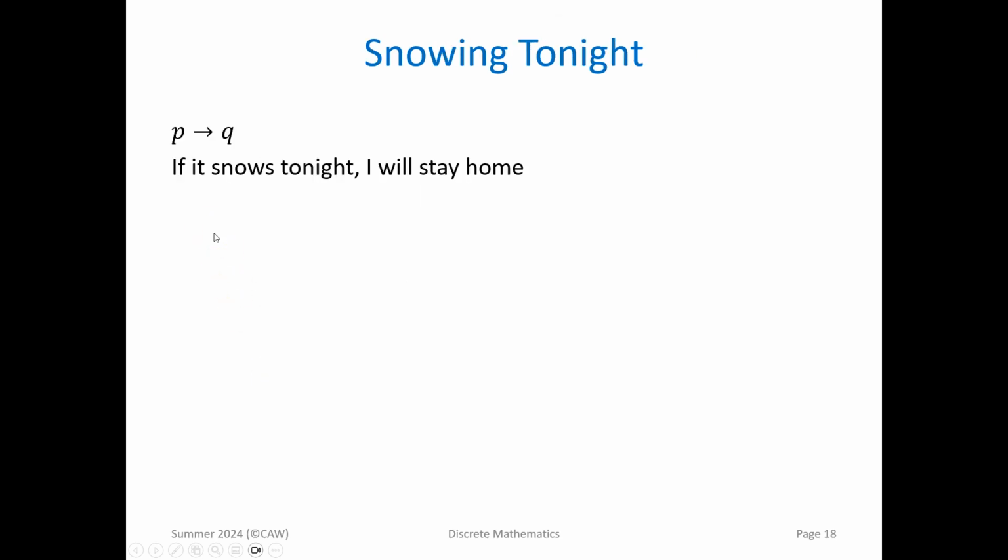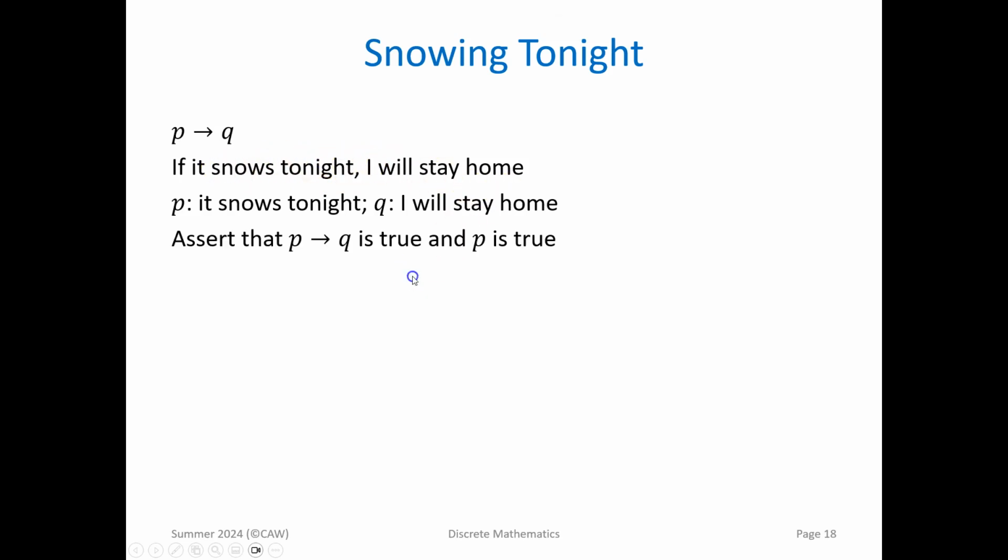Here I have P then Q. If it snows tonight, I will stay home. P is the proposition, it snows tonight. Q is the proposition, I will stay home. And then we have the form if with an implied then: if it snows tonight, then I will stay home. Let's assert that P then Q is true and P is true.